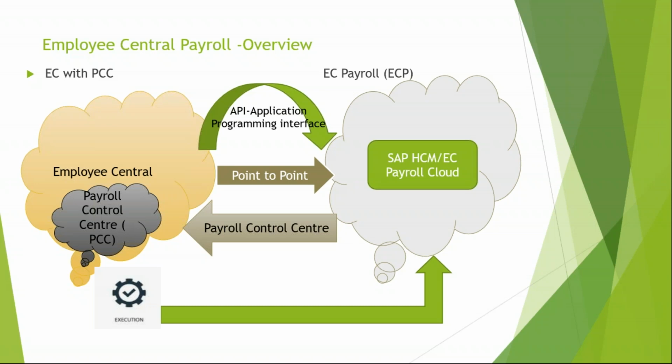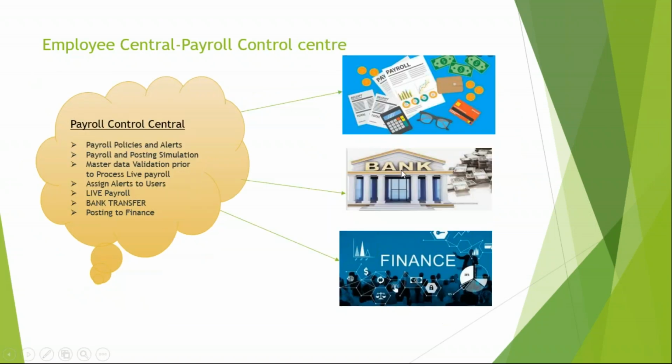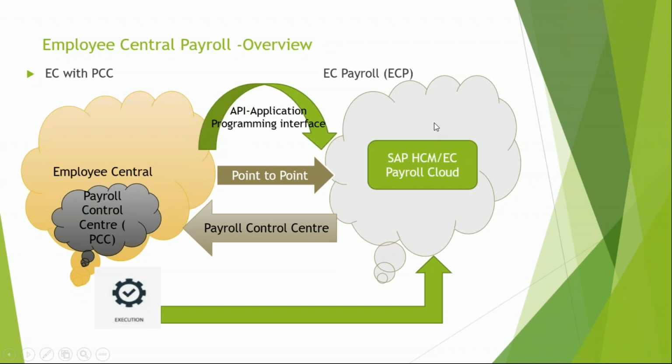If you want to implement your EC payroll, in the same way as in SAP HCM payroll, we have to start from scratch. You have to create a company code, personnel area, everything. The only thing is that the payroll engine box is kept in the cloud version.